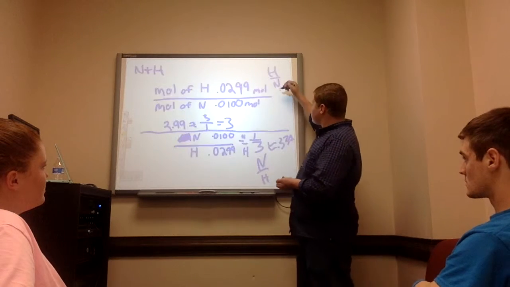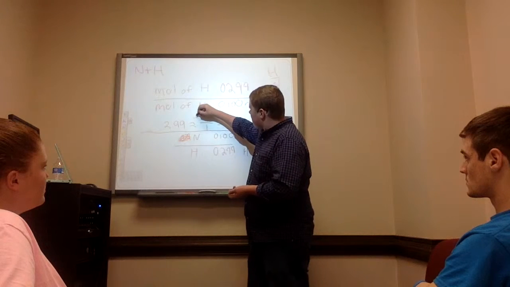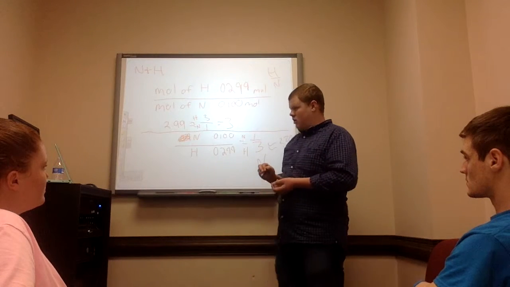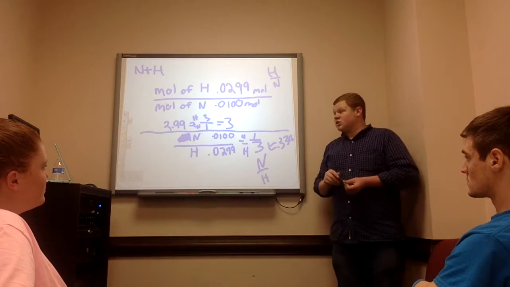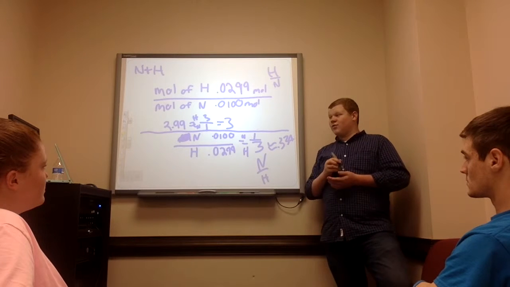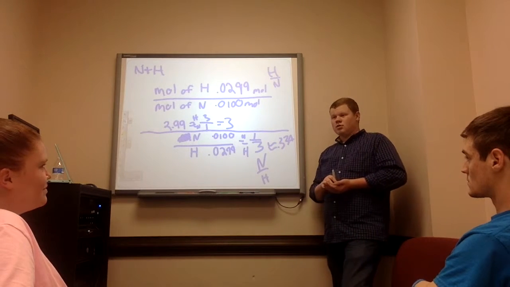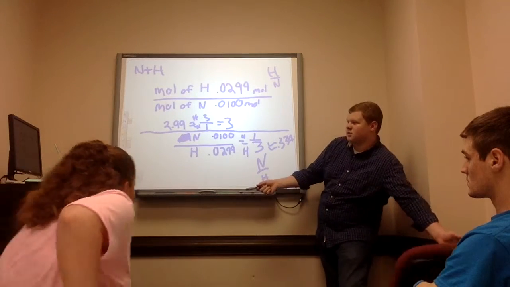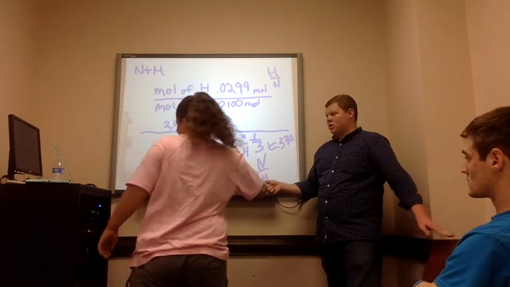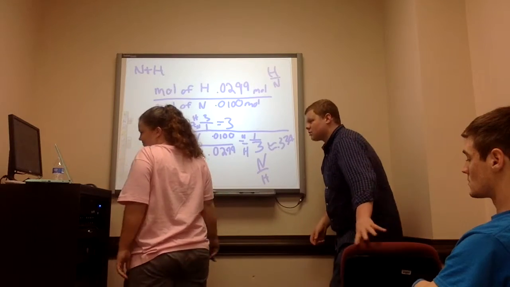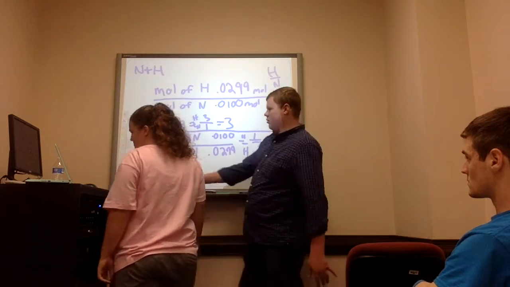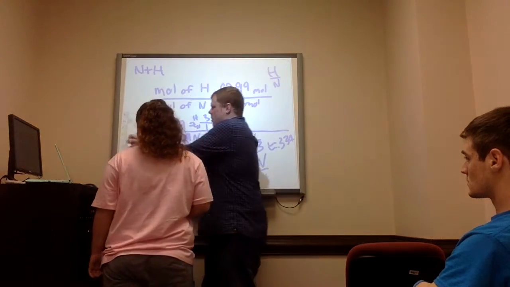Those units don't leave. That's still hydrogen, that's still nitrogen. So the simplest possible formula for the compound would be what, Ms. Jackson? Could you come up here and demonstrate the simplest possible formula?